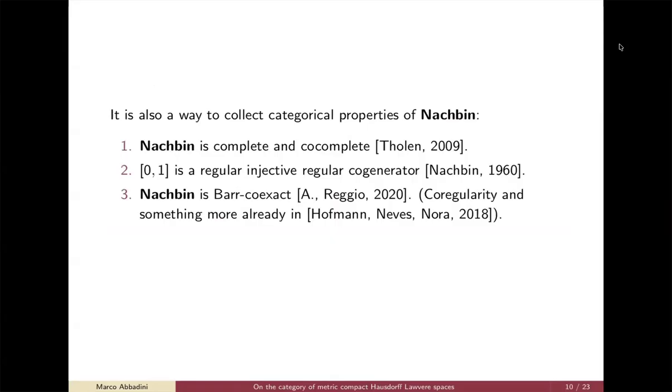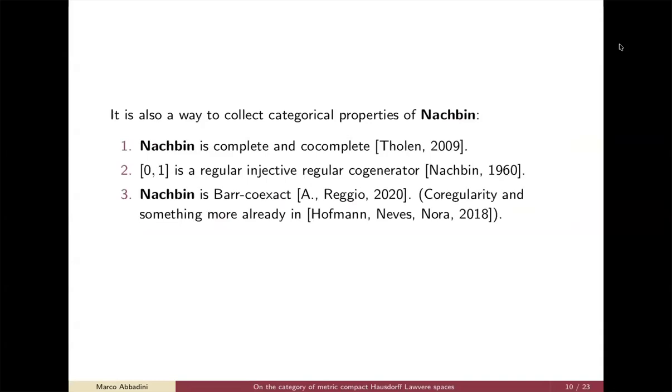For example, precisely, completeness, cocompleteness, the fact that [0,1] is a regular injective regular cogenerator, which was already observed by Nachbin, not in categorical terms, but rather what this means. And the fact that Nachbin is Barr-coexact.